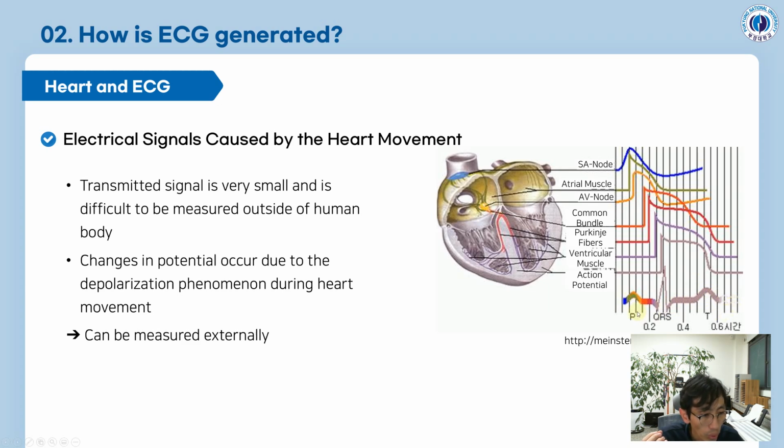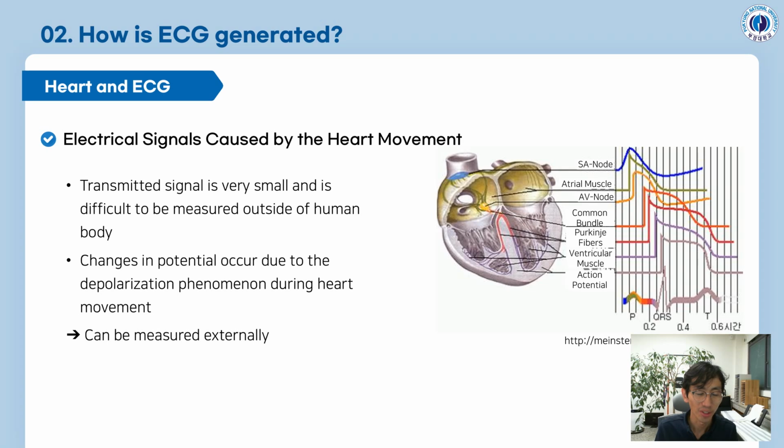So we call this the PQRST wave, and this is a very significant wave shape of our ECG. And our ECG has this kind of shape because we measure our ECG from the outside of our body, not on the heart.